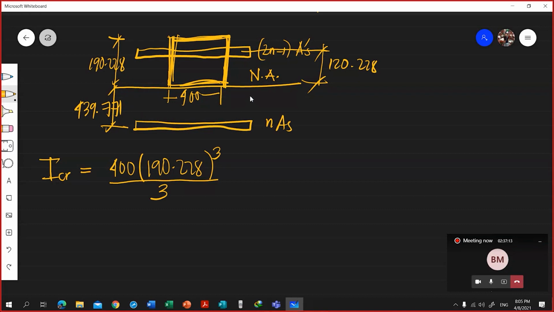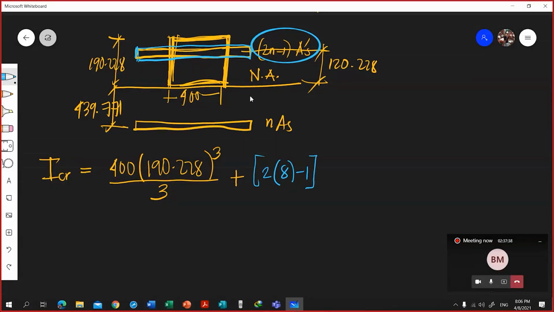Plus, next is the equivalent steel in compression: 2n minus 1, where your n is 8, minus 1, multiplied by ES prime, which we solved earlier and found to be 1020, multiplied by AD squared.